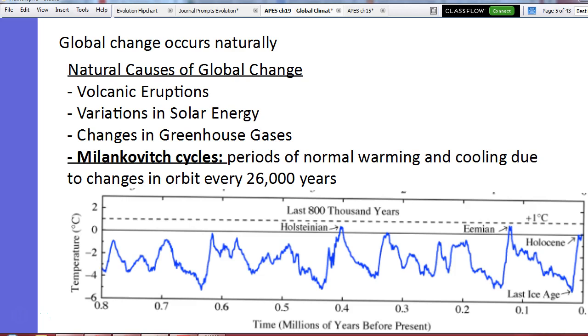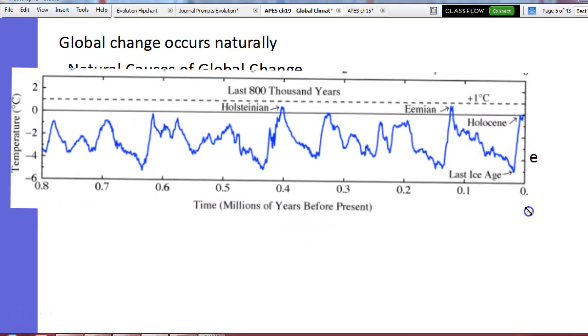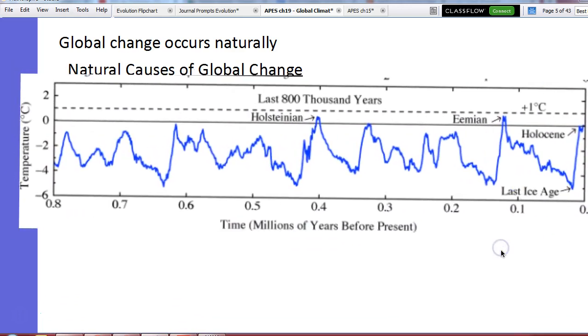If we look at this graph, this shows us the last 800,000 years. Notice, our temperature is going up and down and up and down. How did they figure out what the temperature is from a long time ago? Anyone know? How would they figure out temperature from a long time ago?